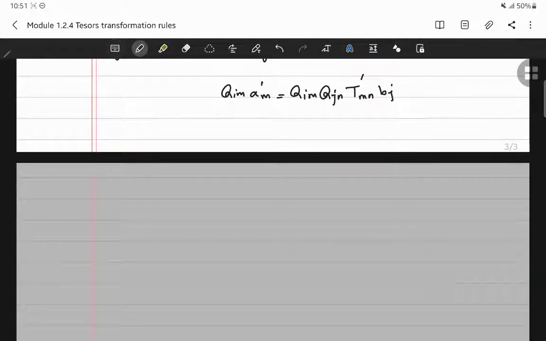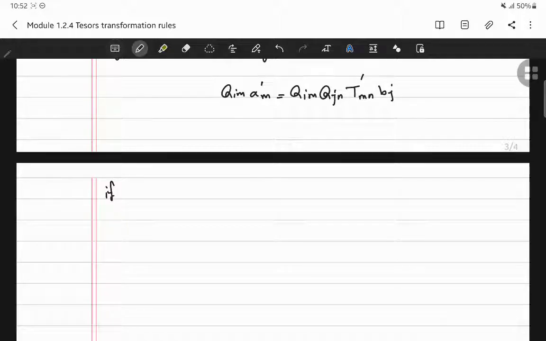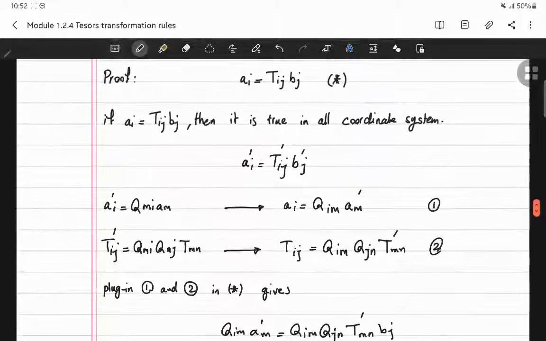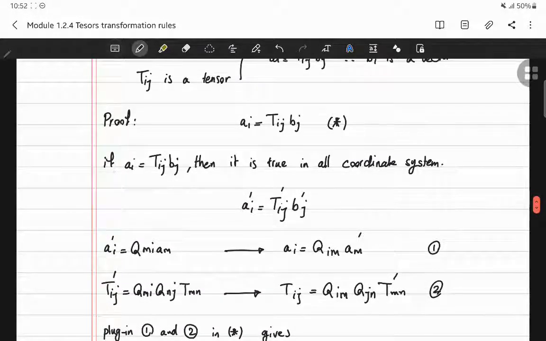So now I have A prime m, and if we already mentioned this here, so if A_i is equal to T_ij B_j, then it is true for all coordinate systems. Then from A prime i is equal to T prime ij B prime j, I would call this black square.